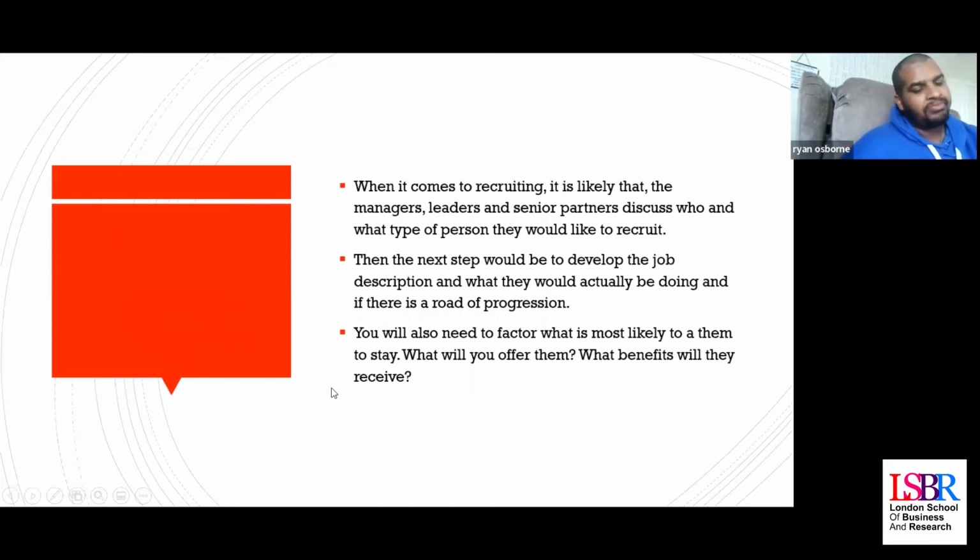So, okay, when it comes to recruiting people, as I was saying before, you can use the chat box if you like, or unmute yourself. When you were recruited for your position, how many stages did you have to go through?